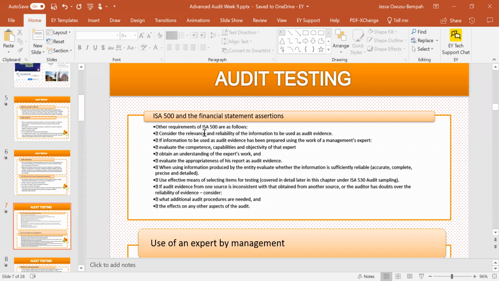So here we are supposed to consider the relevance and the reliability of the information to be used as audit evidence. That's very, very important. And you can only do that if your audit evidence was sufficient and appropriate. Very, very important.